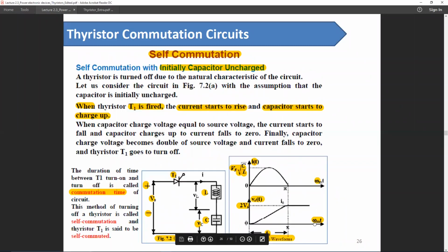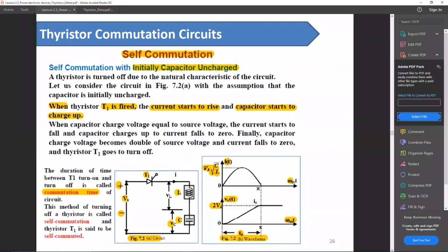So to sum up the idea, in case of an LC circuit and a thyristor, the capacitor voltage can exceed supply voltage. This will be helpful in other types of commutation. So in case of a self commutation, the current will reduce to zero or below holding current, and the thyristor will turn off.